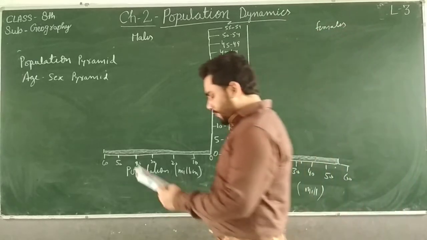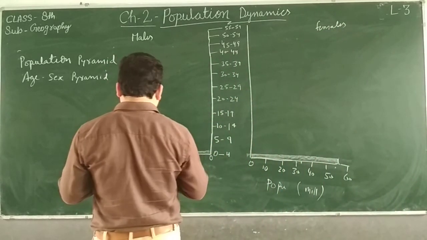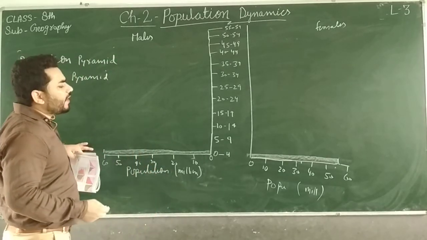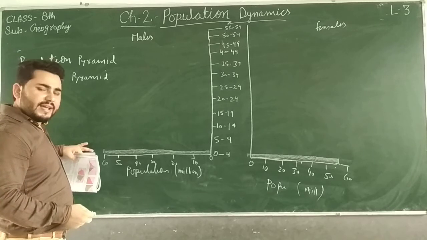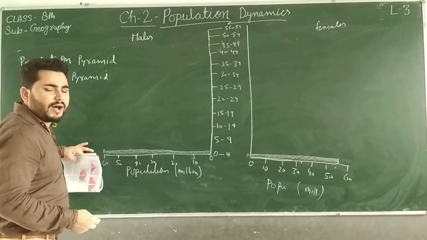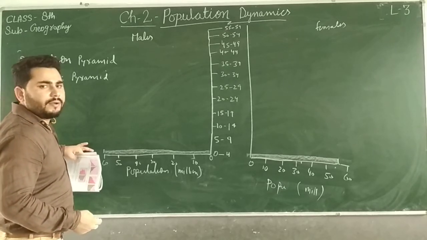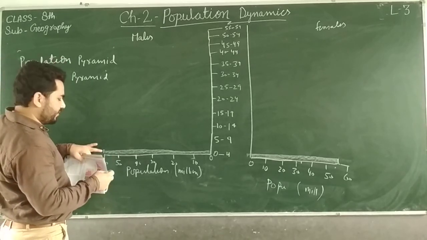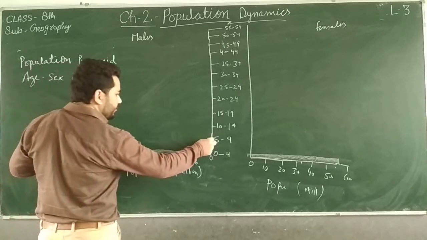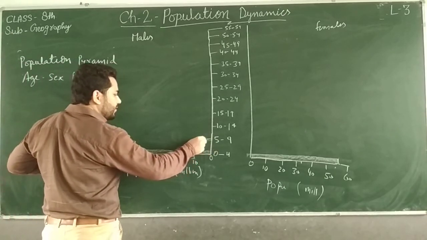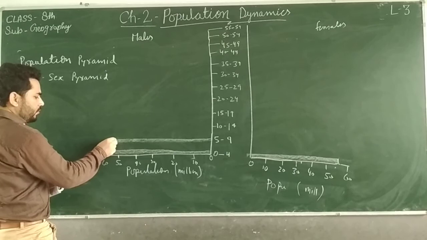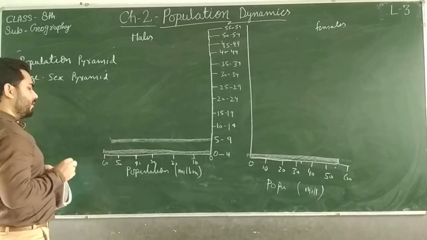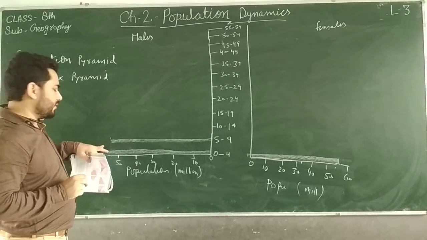Again, what will happen if the mortality rate is less, meaning fewer children are dying per thousand live births? There will not be too much difference, there will be a very little difference, because nobody is dying and health facilities are good. Around these many people may die because of unavailability of health facilities.